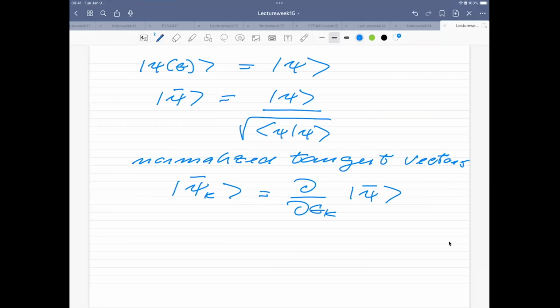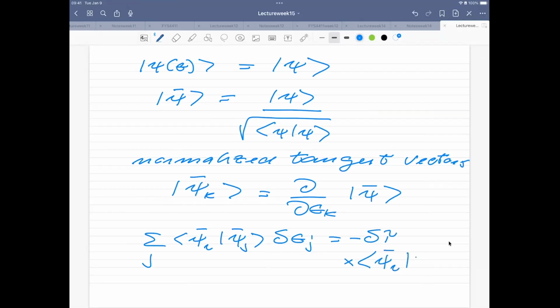And that means that this projected equation, which we had in the previous lecture, is now going to be given by psi of i, the normalized quantities, and then I have delta theta of j, which is equal to minus delta tau multiplied with this expectation value, psi of i, and h minus e.